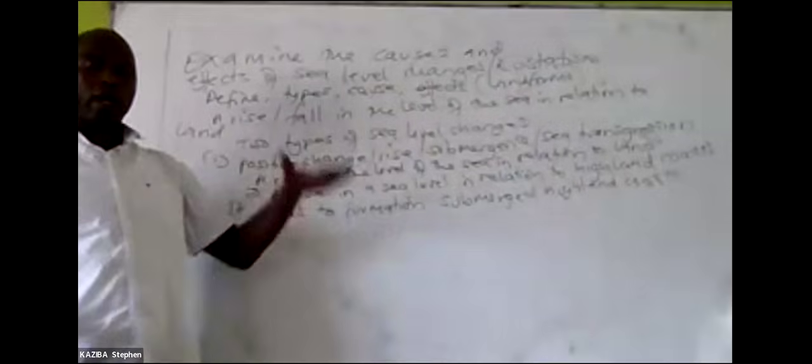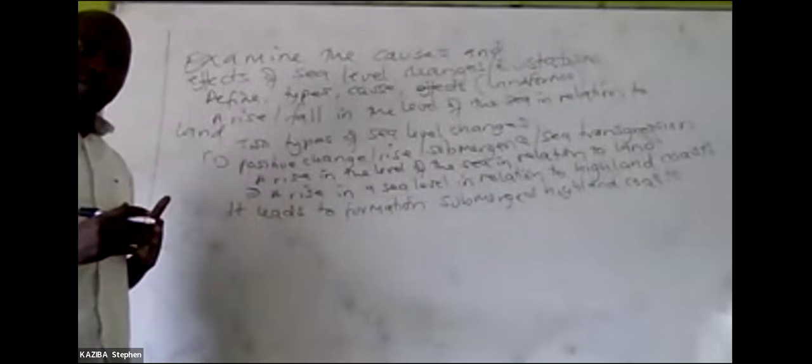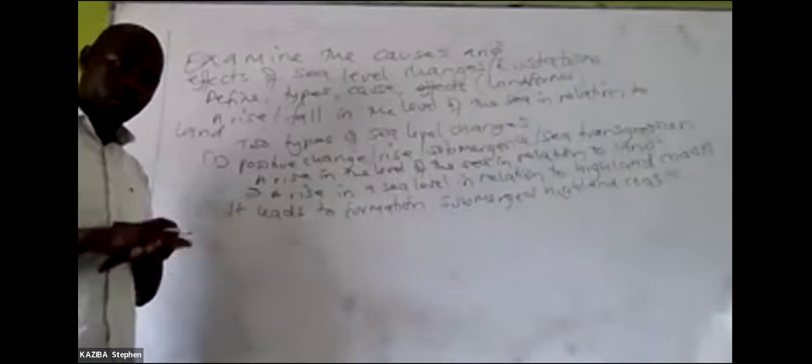So if our water level rises, we're looking at under positive change, you have two types. We have a rise in the sea level in relation to a highland coast.